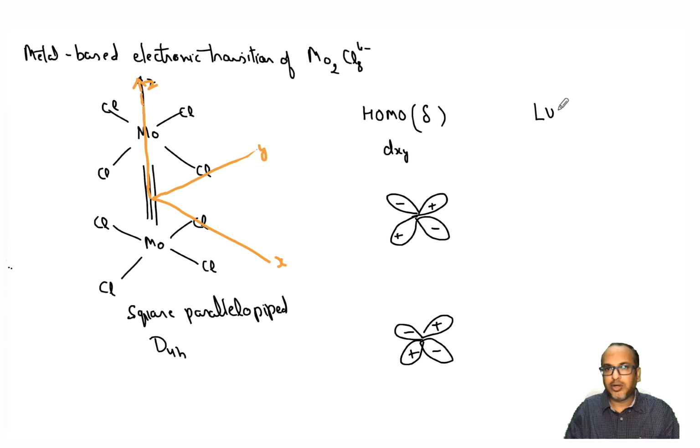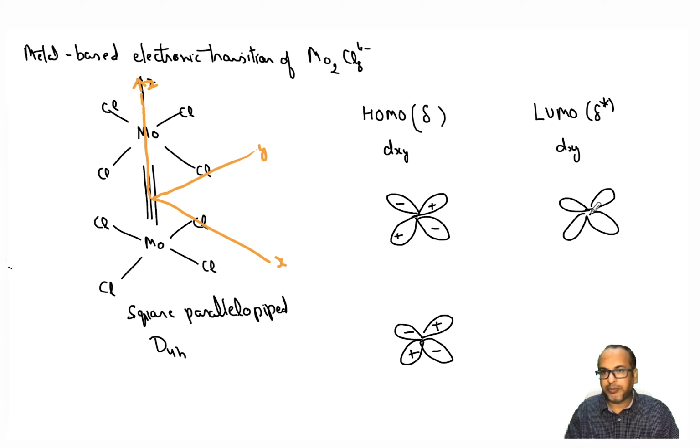And the lowest unoccupied molecular orbital, which is delta star, is also composed of dxy, but now there is a change in symmetry. So this one is the same, whereas here there is a change of negative and positives.